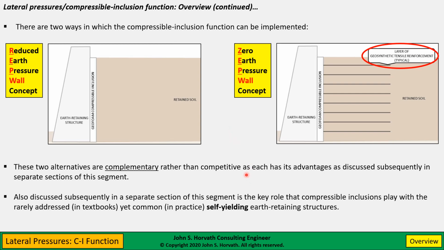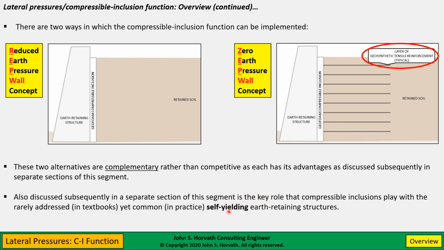I'm going to also discuss in a separate segment the role that geofoam compressible inclusion plays with what I call self-yielding earth-retaining structures. Self-yielding, and this is a term that I've coined, is a type of structure that is rarely, if ever, addressed in textbooks, at least in English language textbooks that I used to use in academia, yet in practice is extraordinarily common worldwide.